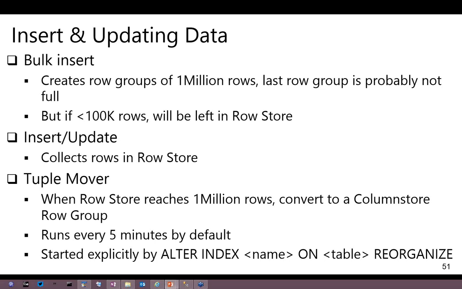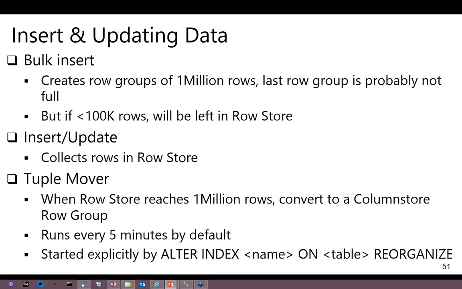When you insert, update, or delete one or anything less than 100,000 rows in a column store index, those rows go into something called the delta store. And every so often, the tuple mover wakes up and asks itself, hey, do I have rows in the delta store that are eligible for being transmogrified to a full-blown column store object?